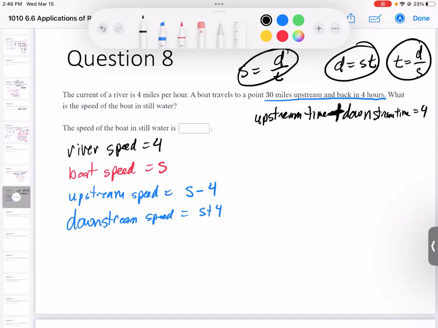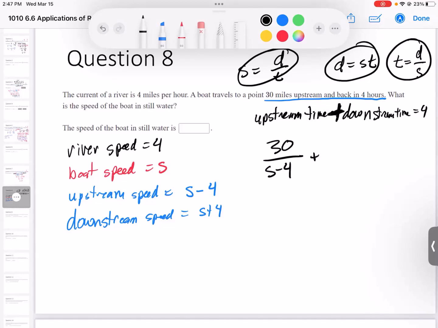And so then you say, okay, well, how can I write upstream time when I don't know it? Well, I know that time equals distance divided by speed, and I know the upstream speed, and I also know the distance. So I would write my upstream time as 30 miles, because that's my distance, divided by my upstream speed, which is s minus 4.